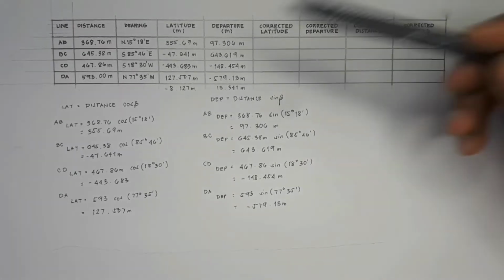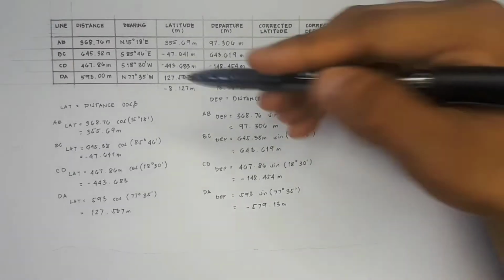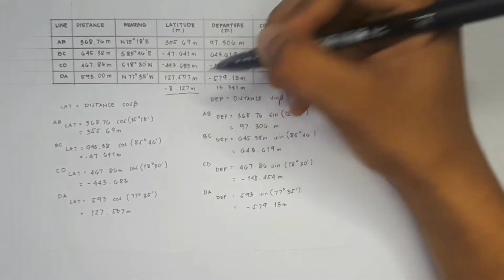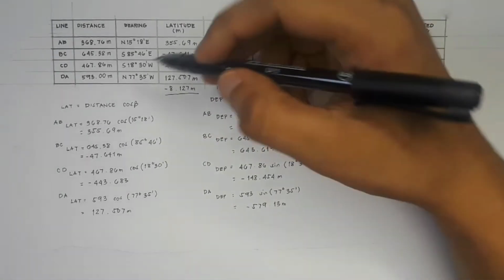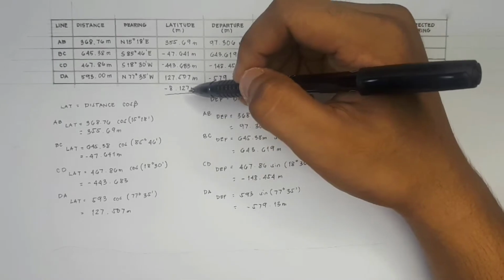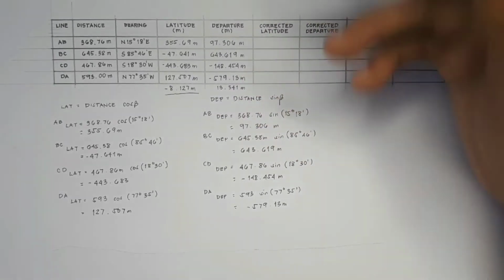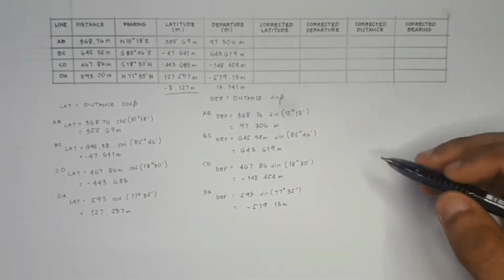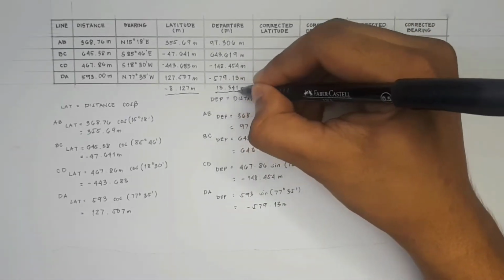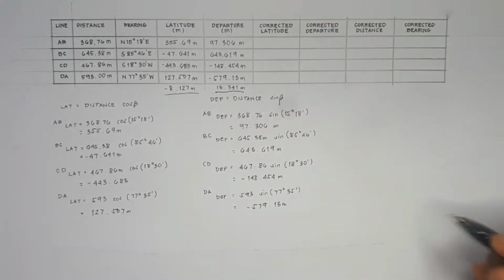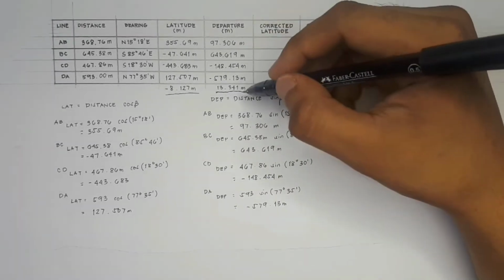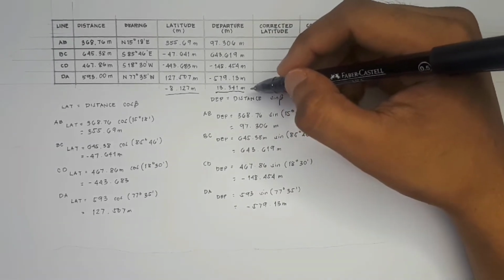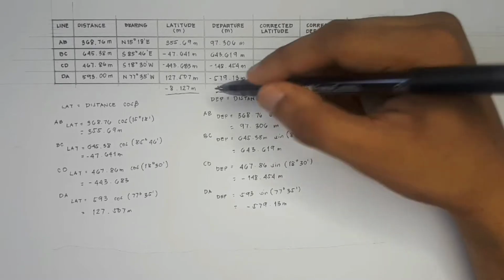So the latitude side, this one, we will add these corrections to suffice the error of our closure, since we are lacking this value. And for our departure, since this one is the excess, therefore we will subtract all of this correction.